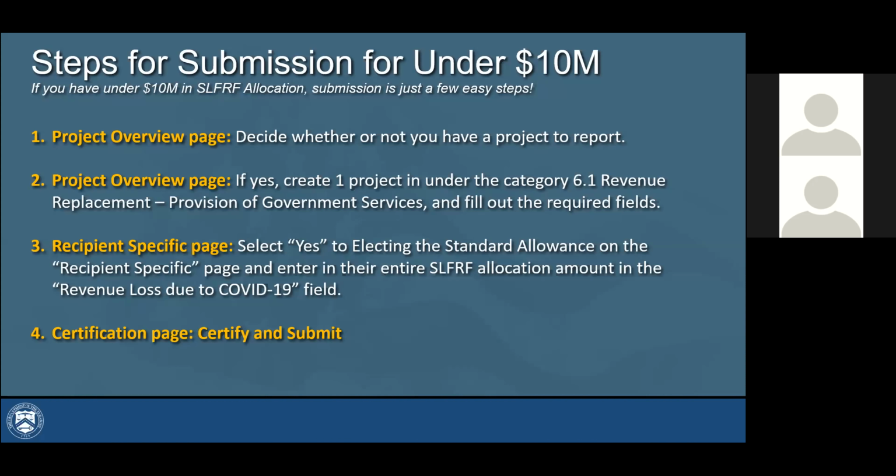And I'm going to hammer this home throughout this demo, but the standard allowance is something that we've specifically provided as part of this program for you to elect to take, that reduces your reporting burden, simplifies all of the other processes related to reporting, and is designed to really make this process very quick and easy. So these are 4 steps. I'm going to go into them in detail in the demo.